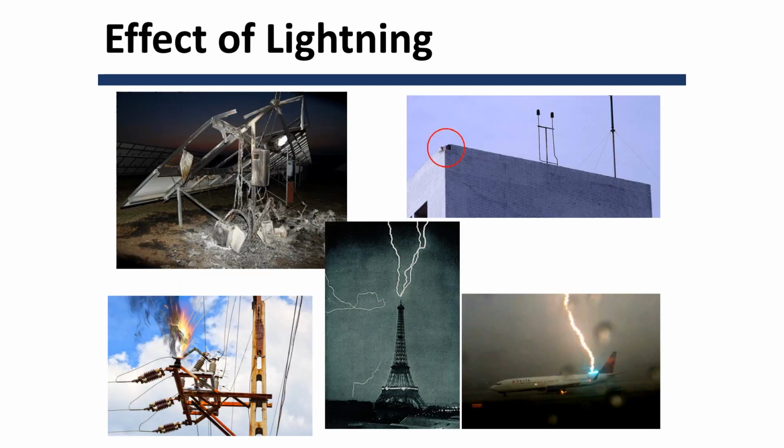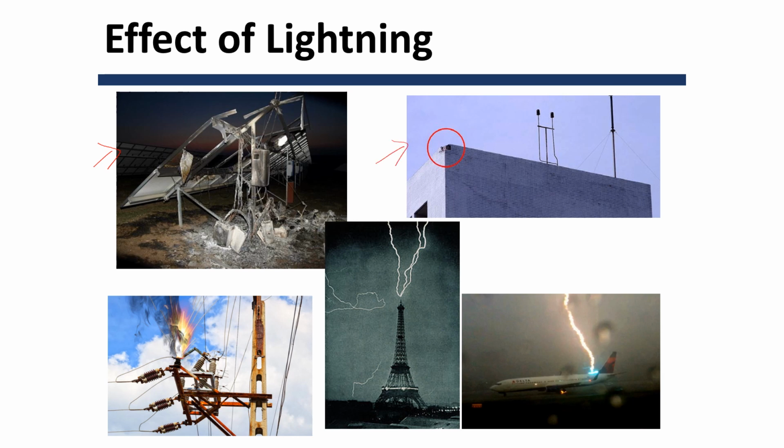Here are some examples of the damage caused by lightning. As we can see in this picture, the solar PV was struck by lightning. The second one is a building.